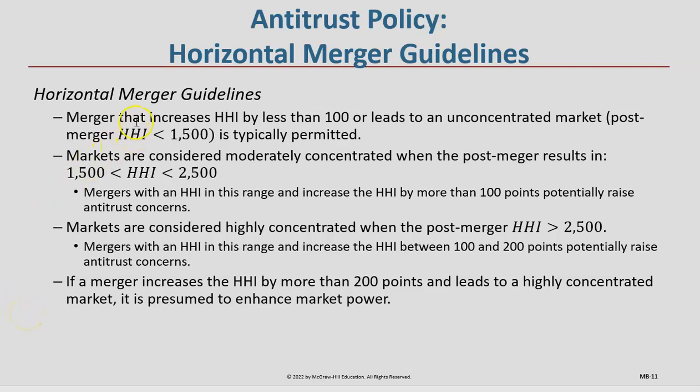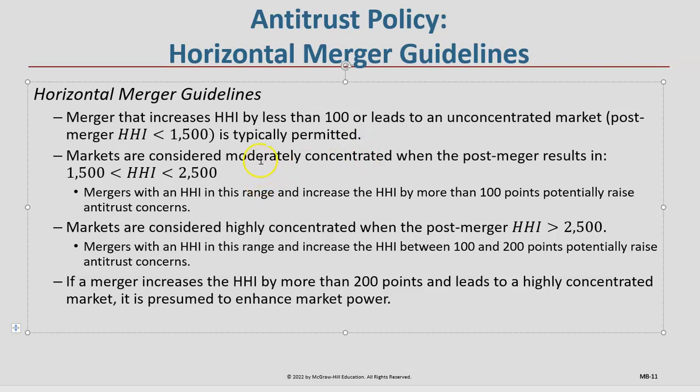Okay, a merger that increases the HHI by less than 100 or leads to an unconcentrated market. Okay, that's defined as an HHI of less than 1,500. Okay, and those mergers are typically permitted by the federal government.